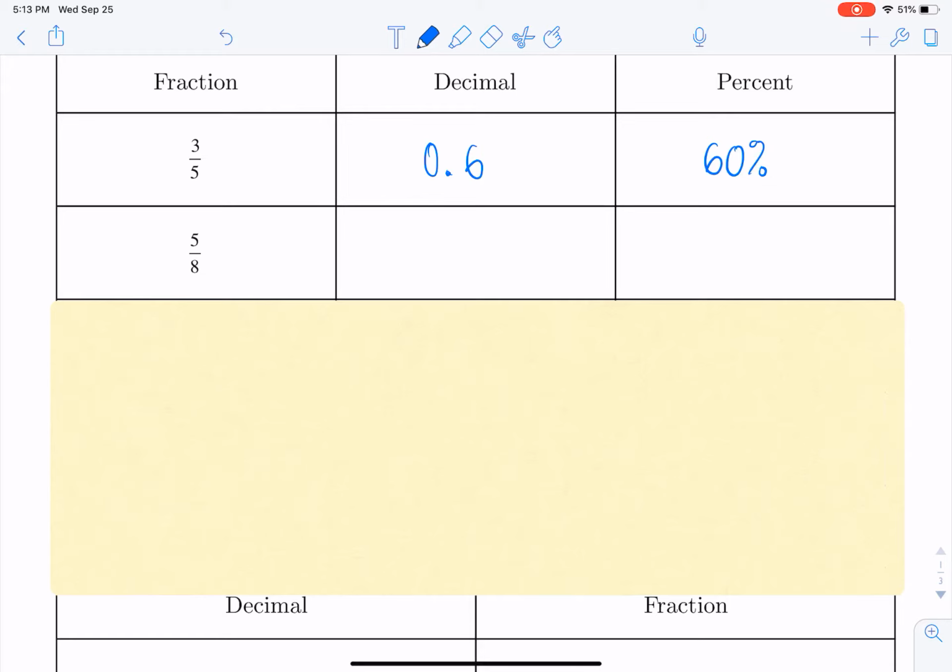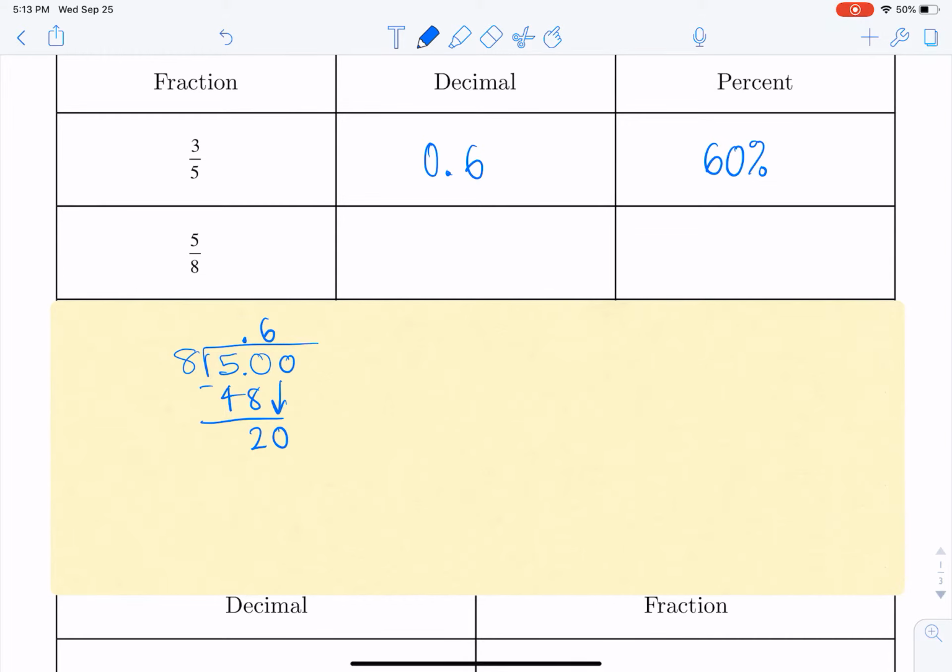Let's take a look here. I'm looking to see how many groups of 8 are in 5, and I know that will give me a decimal value. So I'll look at that like 50, and I can see 6 here. 8 times 6 is 48. Subtract and I'm left with 2.